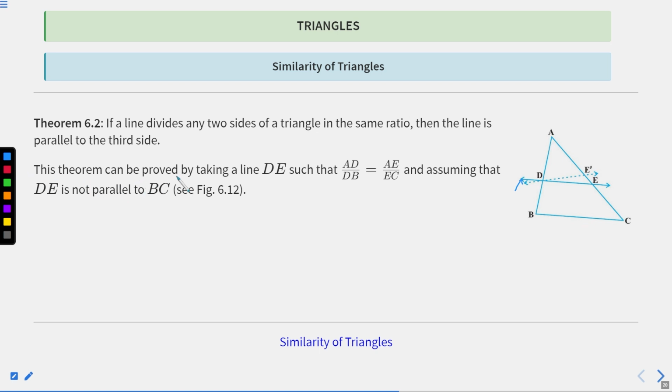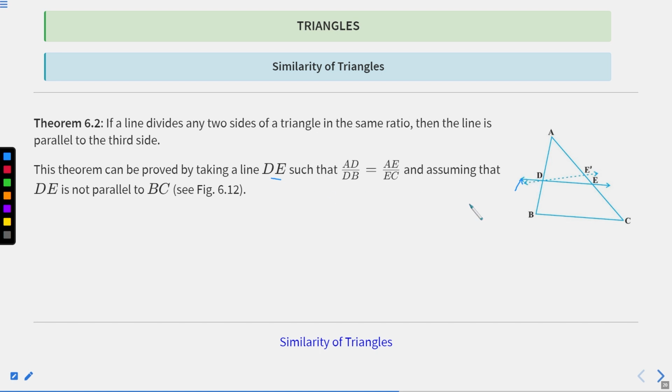This theorem can be proved by taking triangle ABC and a line DE such that AD over DB is equal to AE over EC. So this line divides these two sides in the same ratio.